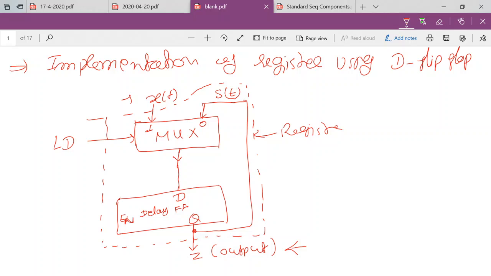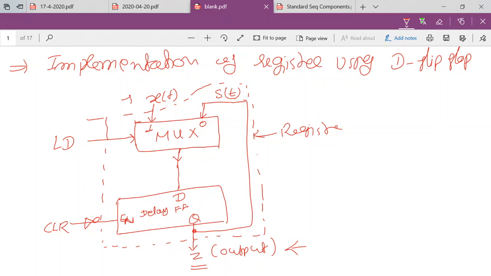That means we are going to apply the clear control signal to this enable pin of the flip-flop. Whenever clear is 1, although we should implement a complement of this one, this flip-flop will not be enabled. In that case the Z would become 0, and this 0 will be the next state.